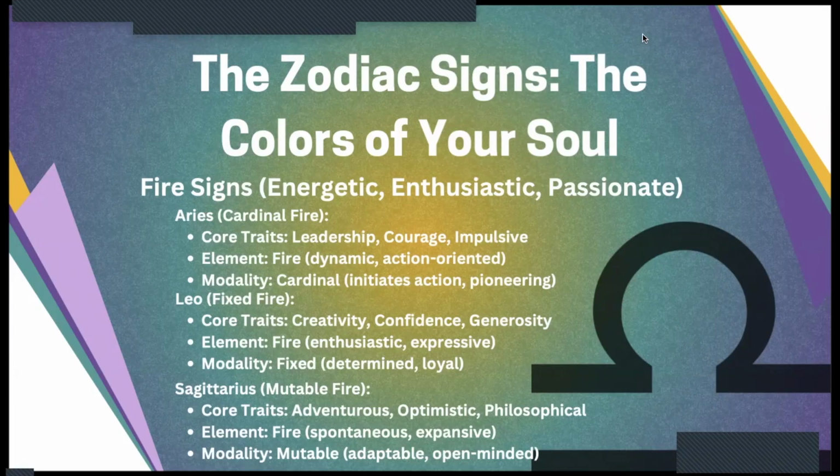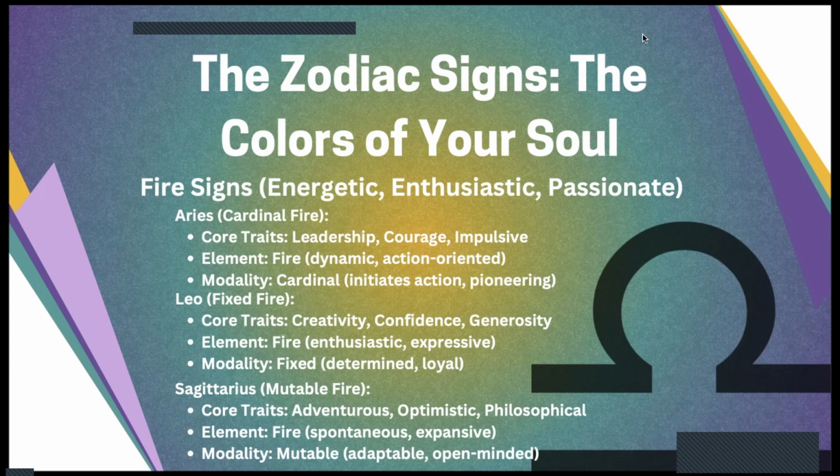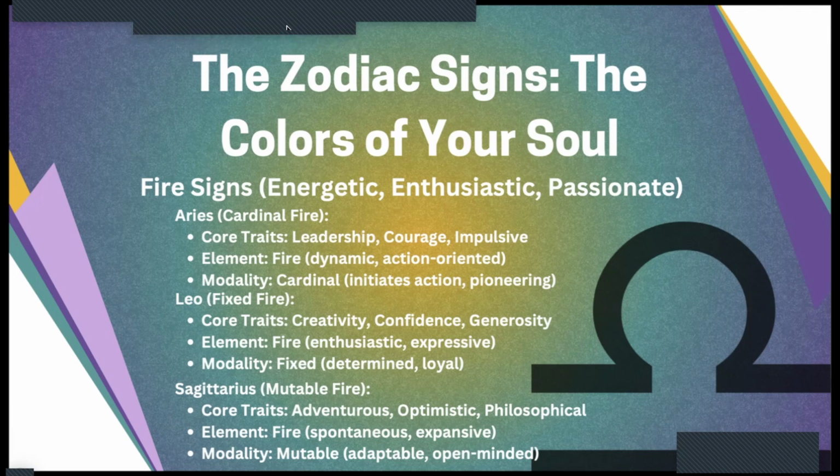For now, for the beginner's course, I just want you to think of cardinal, fixed, and mutable like a football team, right? The starters on the football team, the initiators, are going to be the Cardinals.